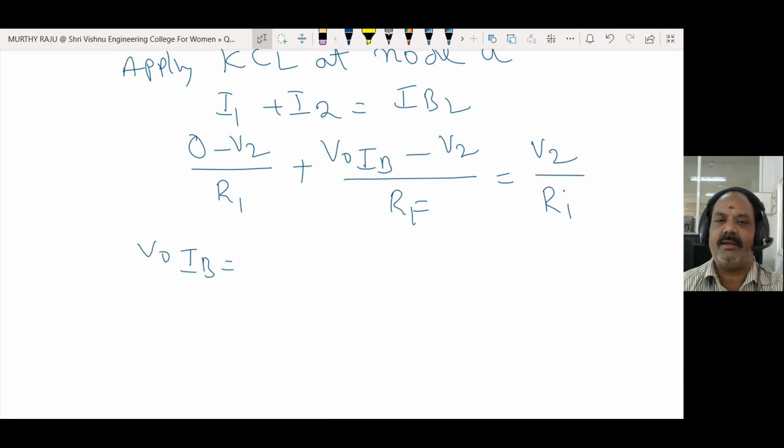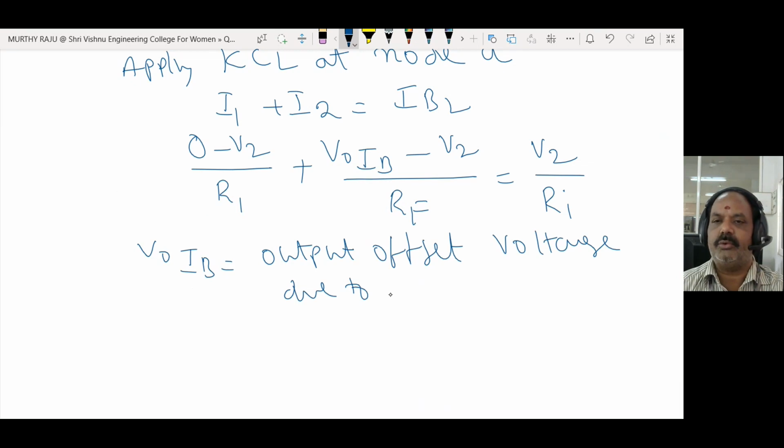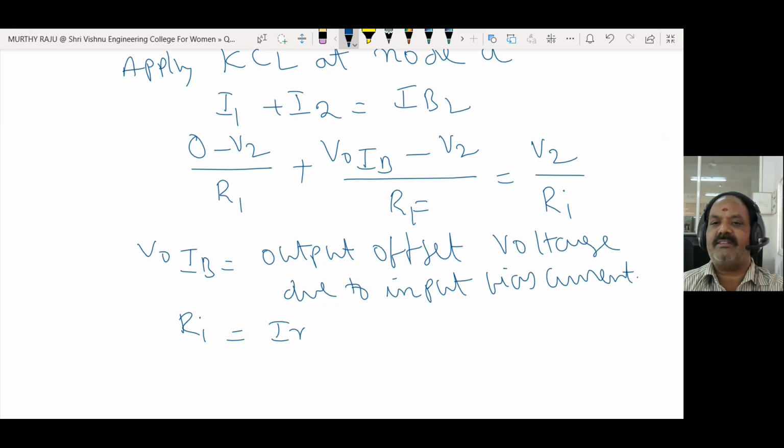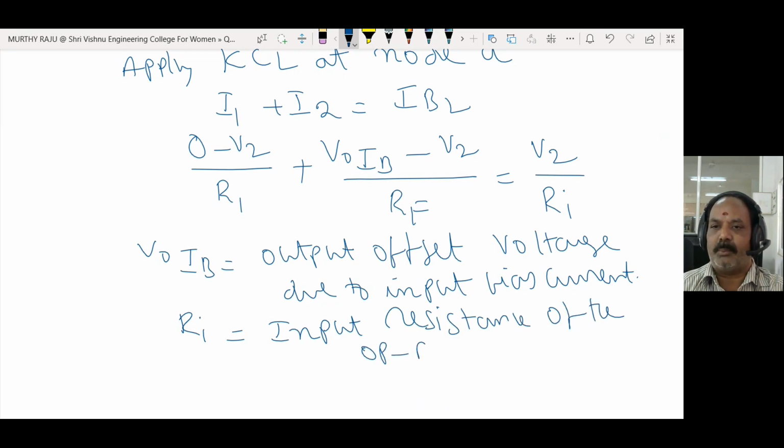VOIB is the output offset voltage due to input bias current IB2. Ri is the input resistance of the op-amp.